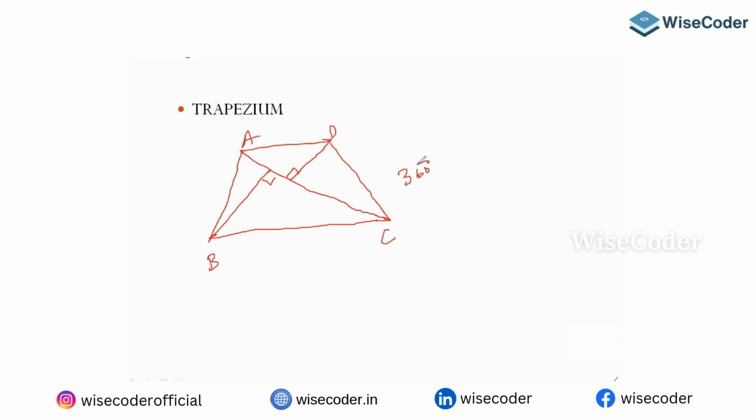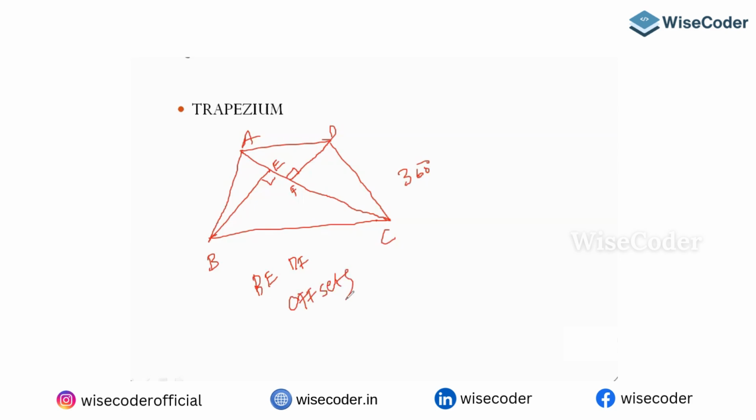Okay. The perpendicular drawn on a diagonal from opposite vertices are called offsets. Let me take this as E and this as F, where BE and DF are called offsets. Okay.